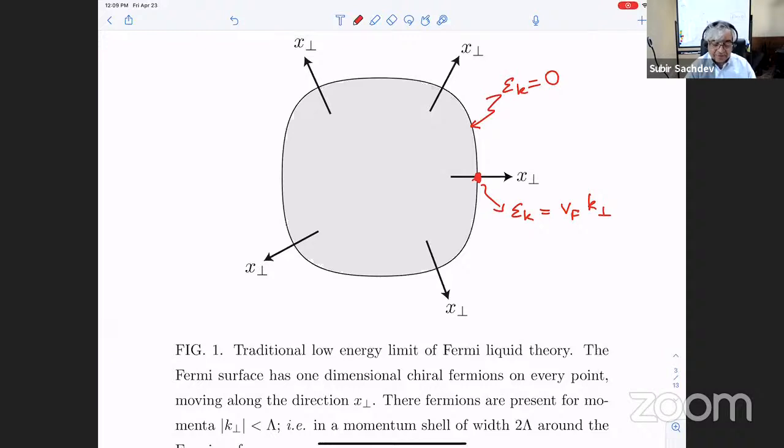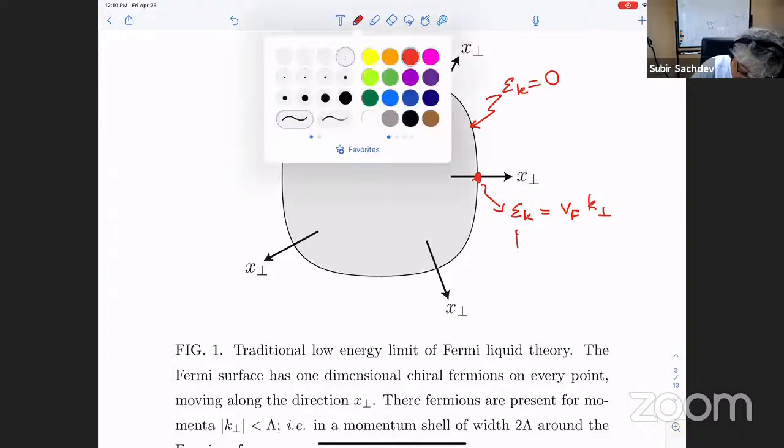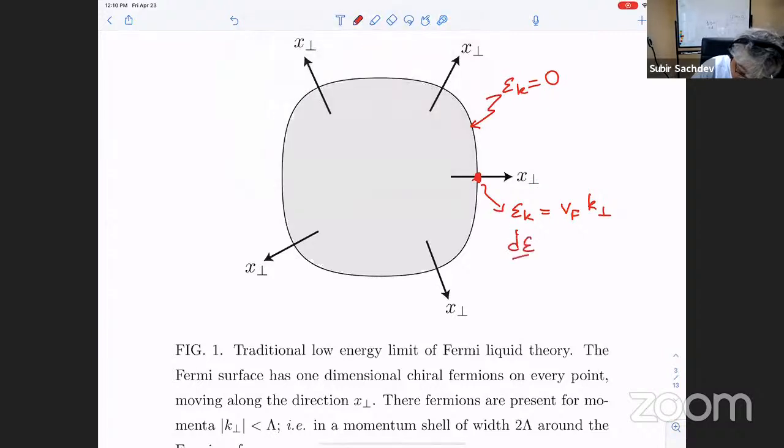So right at that point on the Fermi surface, effectively, I have a fermion that's only moving in one direction. And that's the K perp direction. Furthermore, it's only moving to the right. It is not moving to the left because the group velocity is some number, which is positive at this point. So here, dE/dk, which is the velocity of the particle, is just Vf.